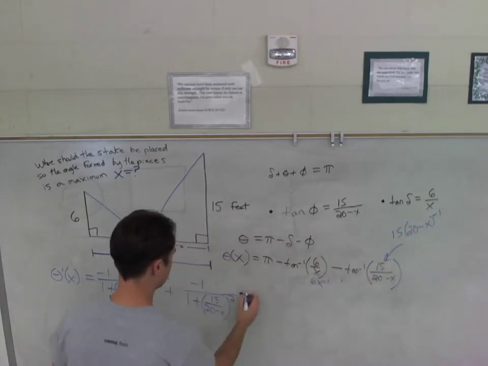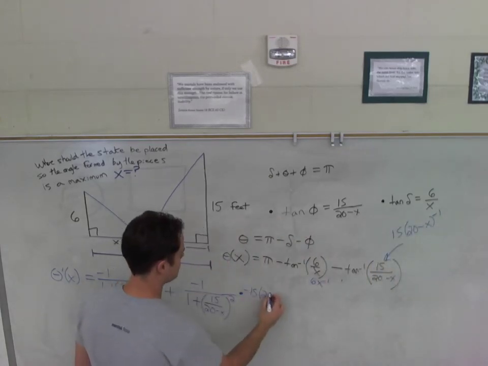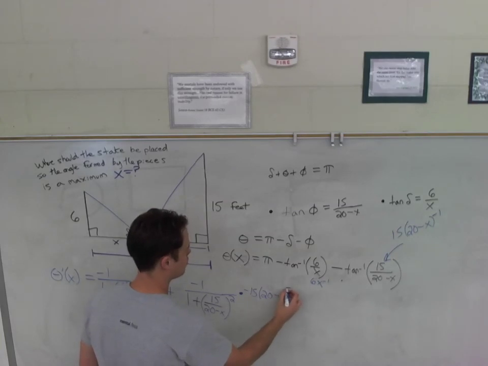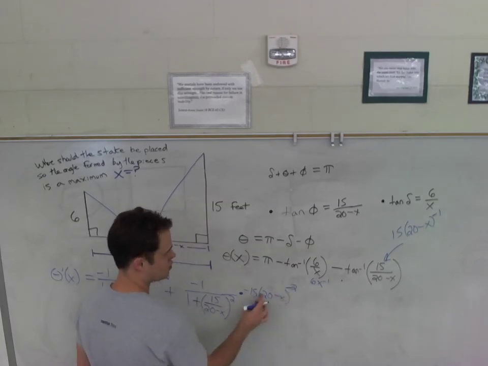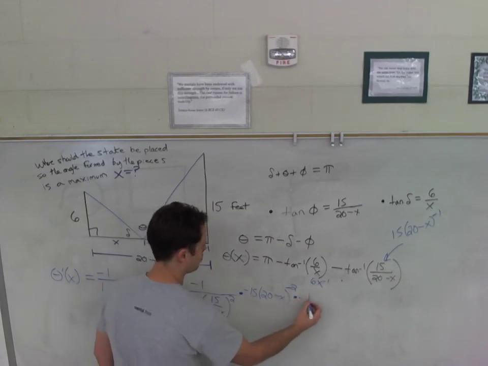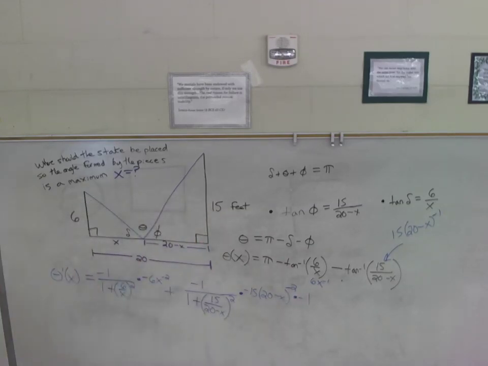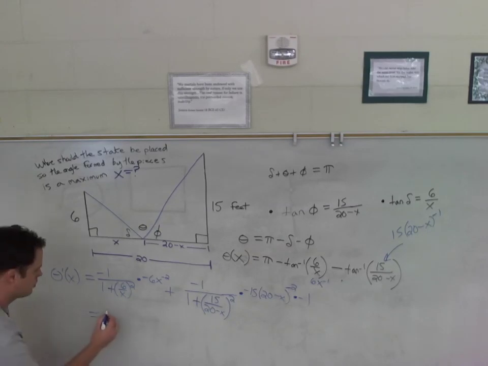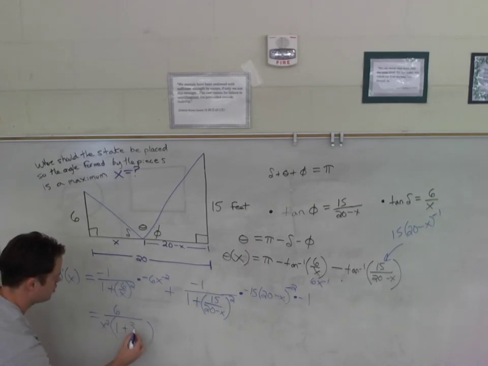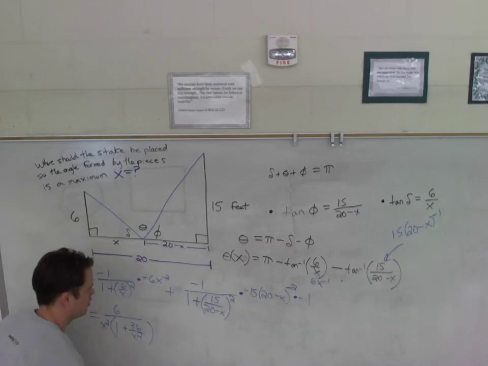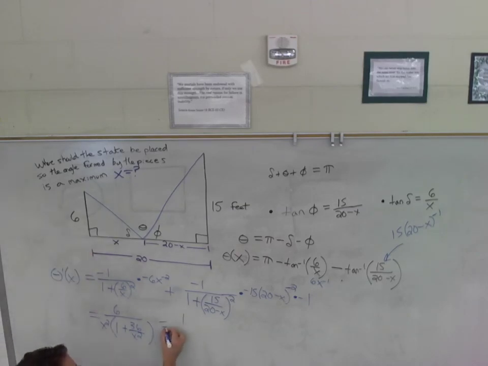So then we're going to have negative 15 times 20 minus x to the negative 2, and the derivative of that inside is negative 1. Oh, it did get pretty ugly. You guys are right. It's not that bad. So let's see. 6 over x squared times 1 plus 36 over x squared, minus 1 over, oh no, let's go.